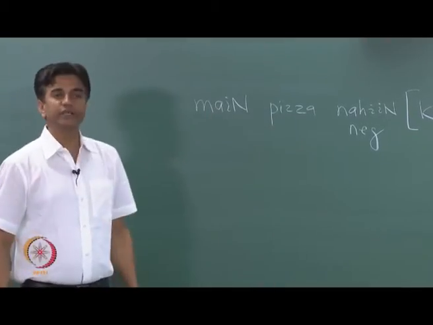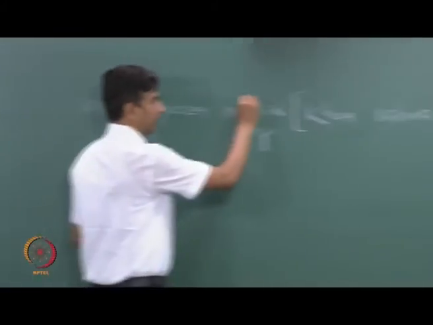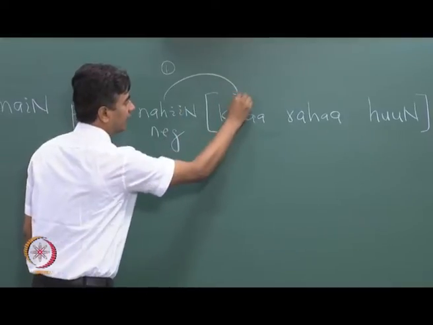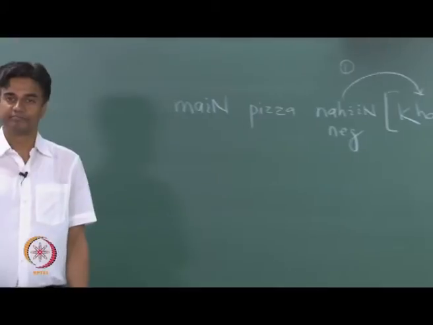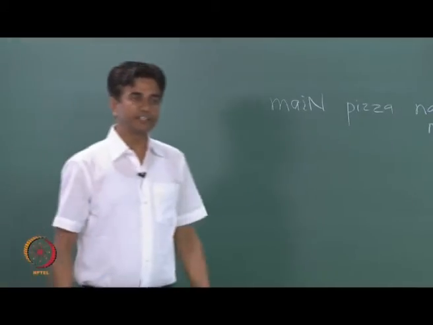This sentence usually means I am not eating pizza, which means in the primary reading number 1, it negates the whole verb, right? It negates the whole verb, therefore it gives us that reading. Will you believe it if I tell you this sentence is ambiguous in Hindi?